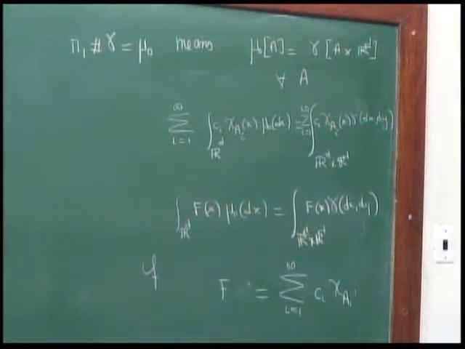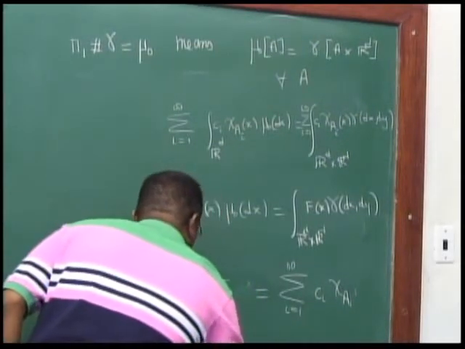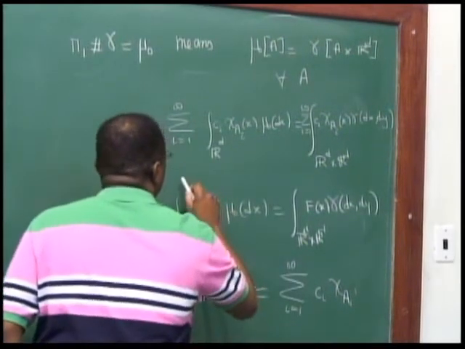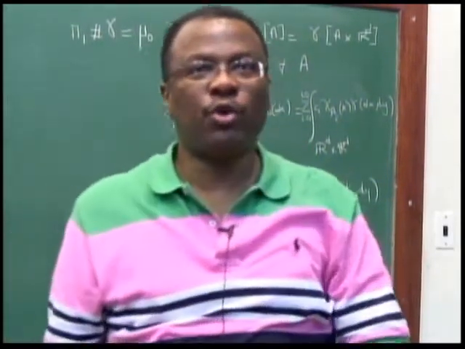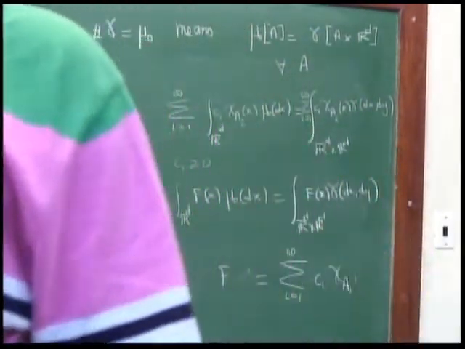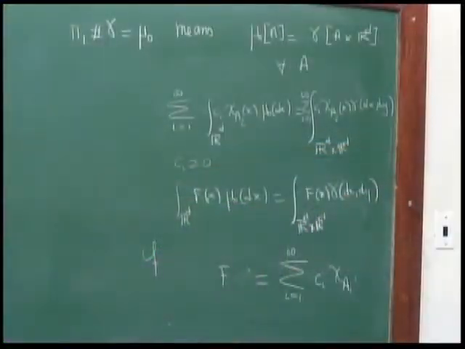But if I take any Borel function, G, here I am assuming that the Ci are non-negative because, in fact, I have used Fatou's lemma to say that I can pass the sum inside.